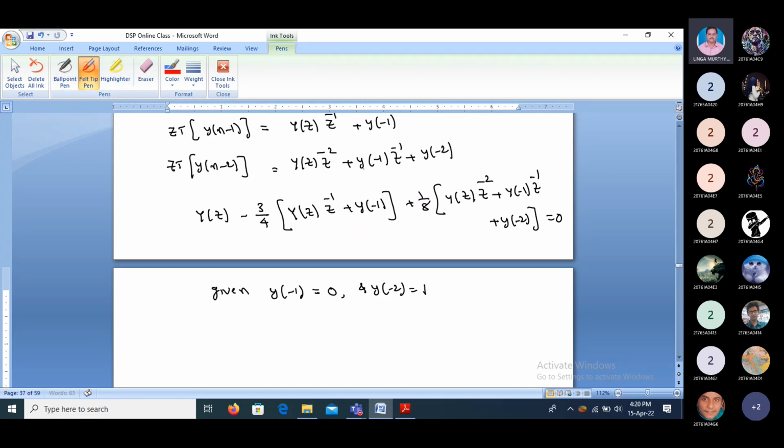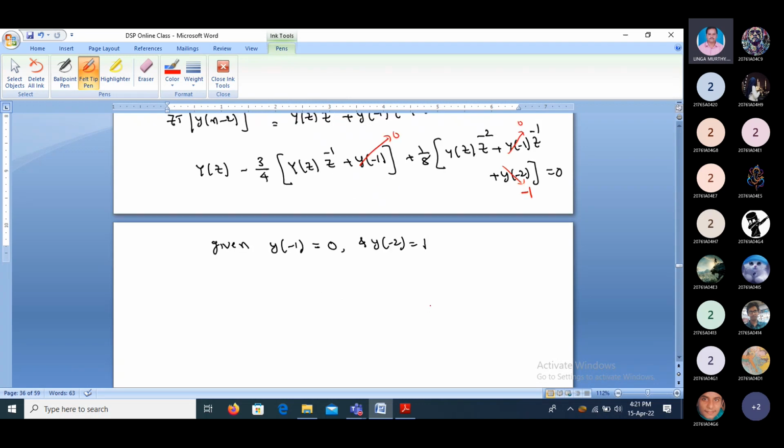So wherever y of minus 1 is there, this y of minus 1 is equal to 0, and this y of minus 1 is equal to 0, and this y of minus 2 is equal to, what is the answer? Minus 1. Substitute the system initial conditions, these are the values.